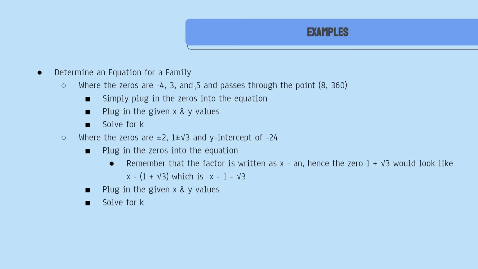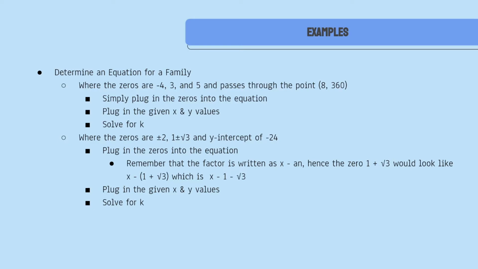That's our family. Then, to find the particular equation which satisfies this point, we plug in the x and y values. So now we have 360 equals k times (8 + 4) times (8 minus 3) times (8 minus 5), and then we solve for k. And that's all we have to do.